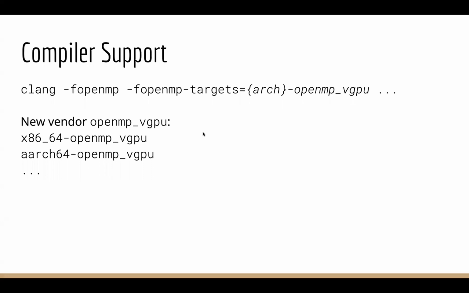The reason we add a new vendor is that it gives us the minimum code changes in the front end, and it doesn't break the separation between the front end, middle end, and back end. For example, if we want our program to run on the x86 architecture, then we just say x86 OpenMP vGPU, and the same thing applies to AArch64.